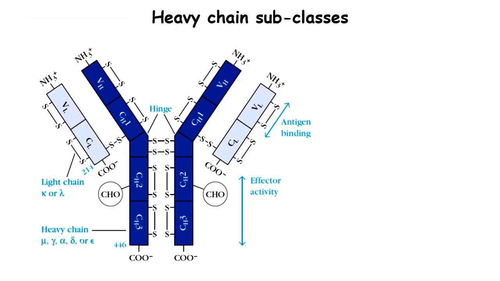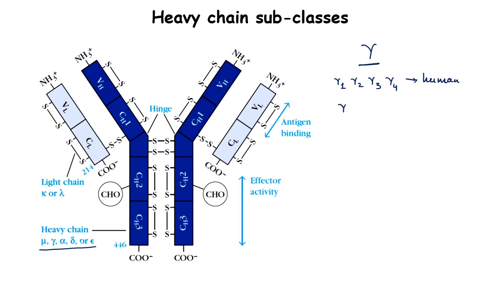So due to the changes in the amino acid sequences, heavy chain has been divided into 5 categories, which are heavy chain classes. Now due to further differences in the amino acid sequences, some of the heavy chain classes have been divided into different subclasses. For example, gamma has been divided into 4 subclasses, which are gamma 1, gamma 2, gamma 3 and gamma 4 in case of human.